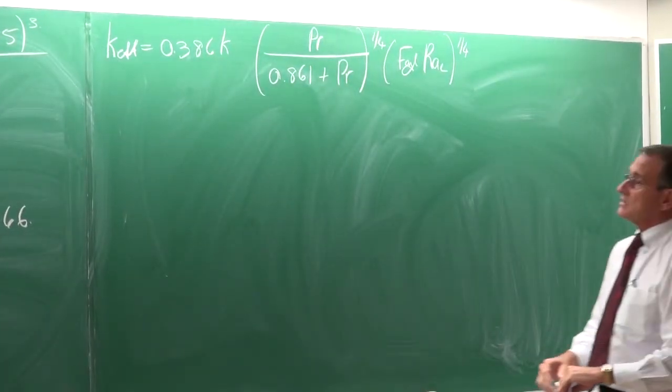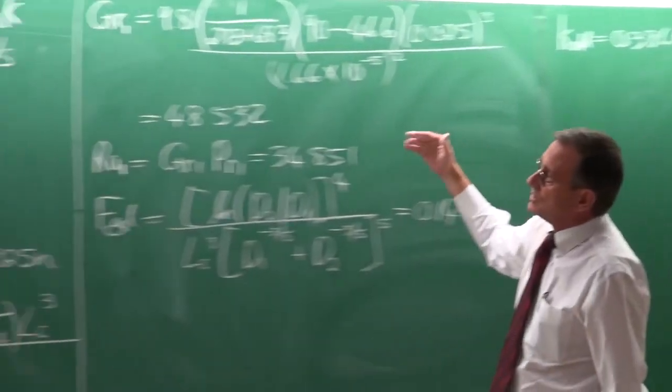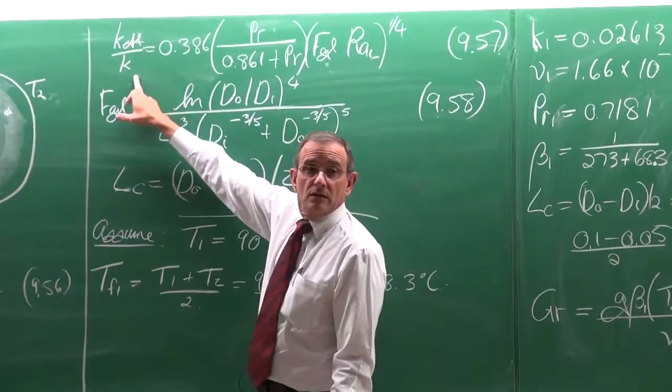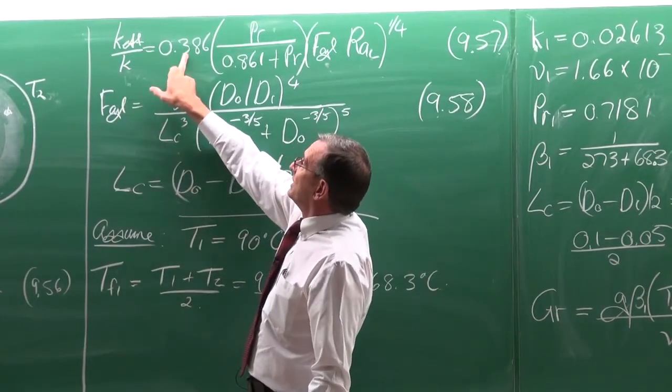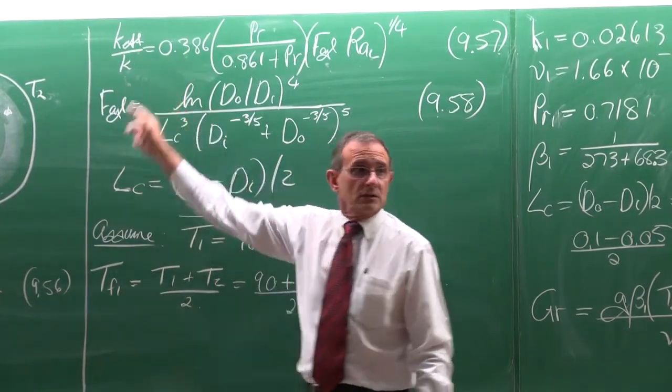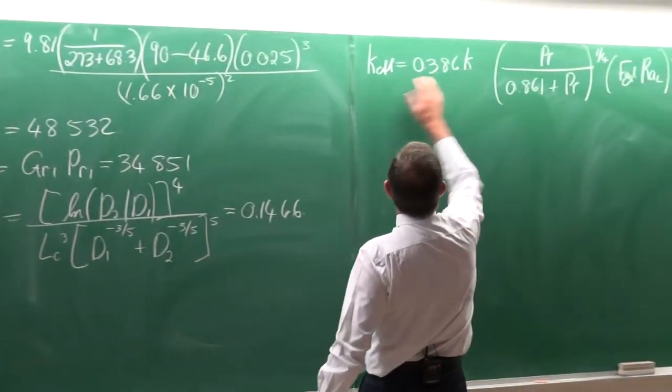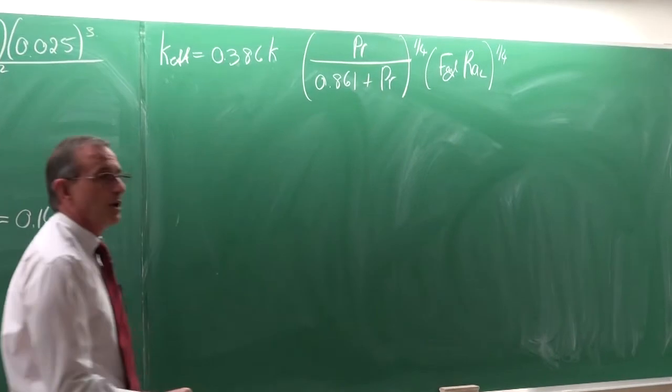Okay. So take note, if I go back to this equation previously, I've just multiplied by K to get K effective. K effective is equal to 0.386 K, so previously the K was here, I've multiplied it out.